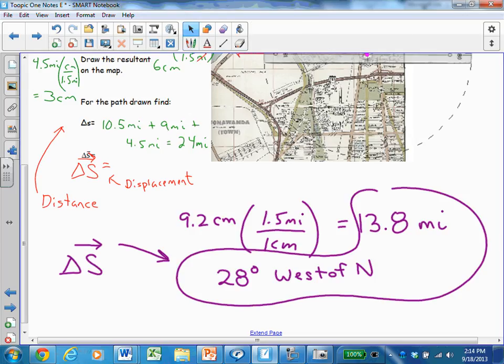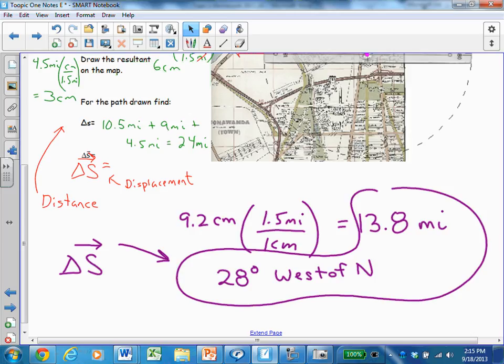Okay. So we did that one. That's good. Now, let's see. On here I had 13.5 miles at 28 degrees on your key. And then the next ones we have to wait till tomorrow because you got to learn a little trig for those. But we got another one we can work on.